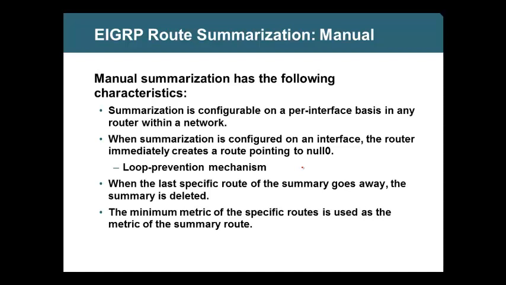Now, from now on, the summary route from this routing table will be advertised. It will not advertise detailed routes from now on. It will advertise only the summary route via that interface because you have done summarization.